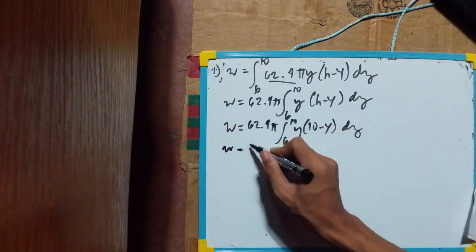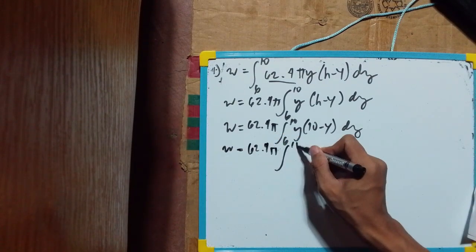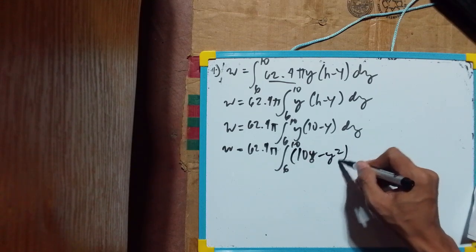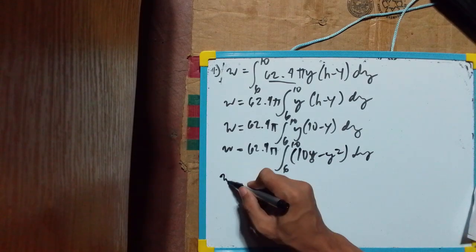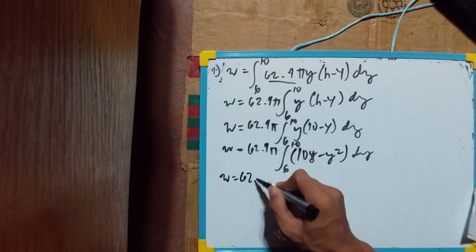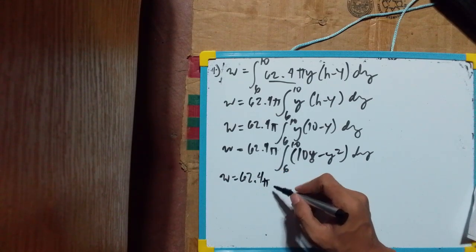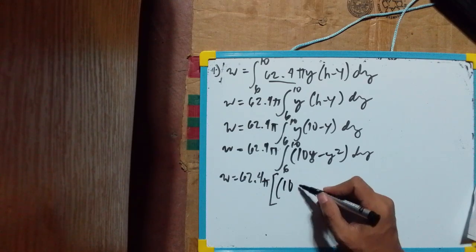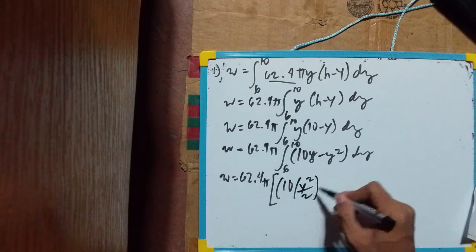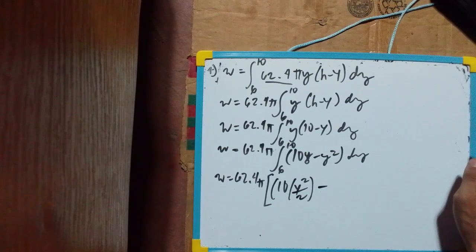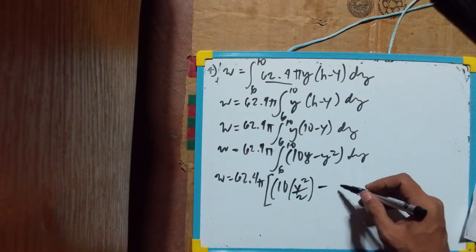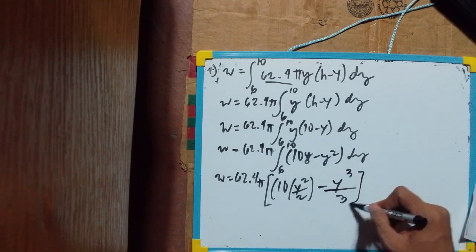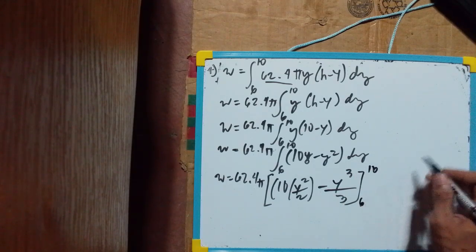So now we have 62.4 pi times the integral of 10y minus y squared, and we can integrate this separately. So we have 10 y squared over 2 minus y cubed over 3, from 6 to 10.